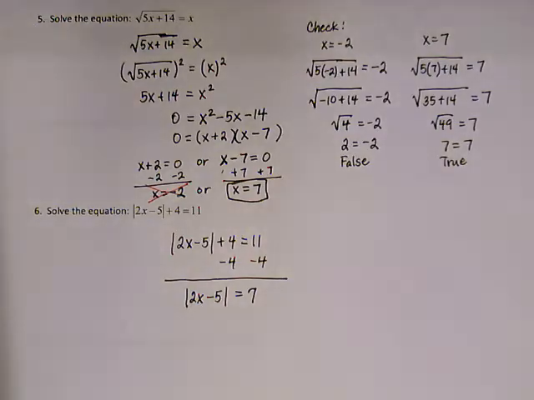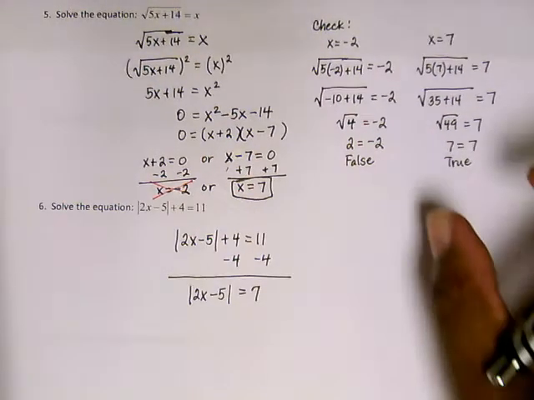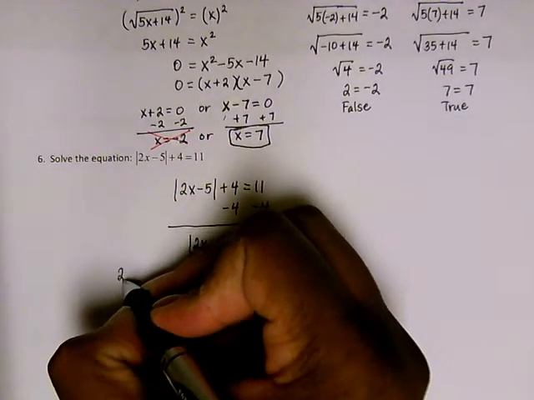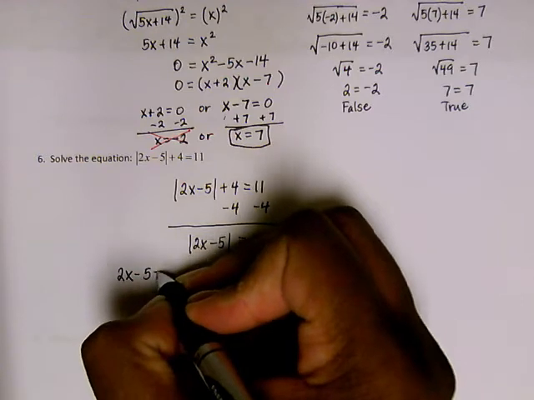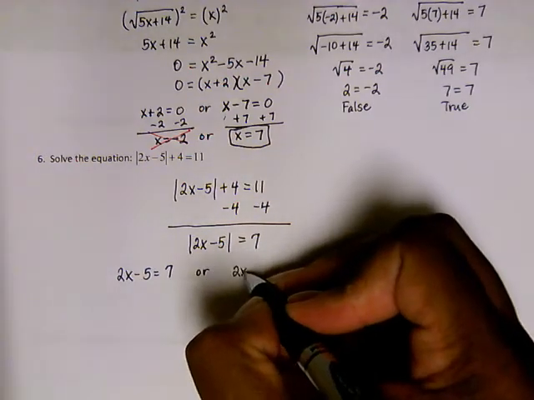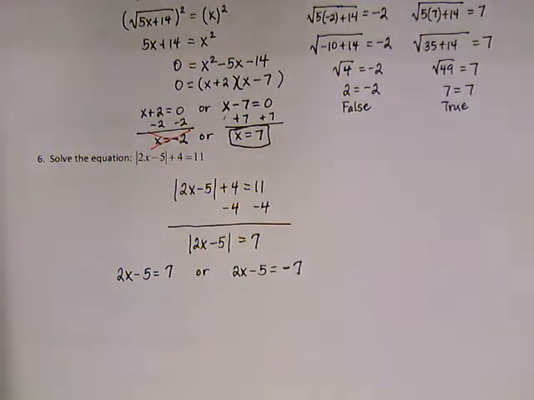So now, with the absolute value of 2x minus 5 equaling 7, I can go ahead and write this as two separate equations. One of which would be 2x minus 5 equals positive 7, or the other equation would be 2x minus 5 equaling negative 7.